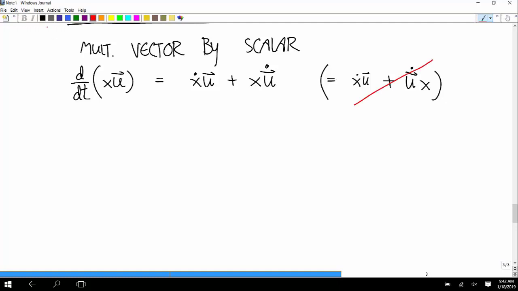And then dot product. So say we're taking d dt of u dotted with v. What would you guess the first term is of the product rule?